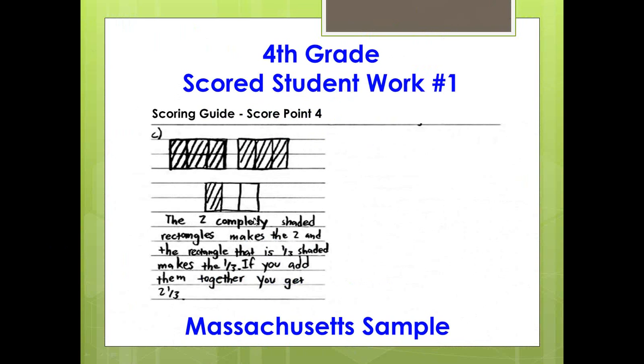Their explanation is that the 2 completely shaded rectangles make the 2, and the rectangle that is 1/3 shaded makes the 1/3. If you add them together, you get 2 1/3. So they created 2 bigger rectangles to represent 1 each, and then created a third one and had 1/3 of that shaded.